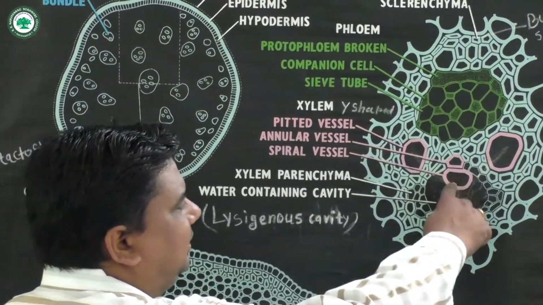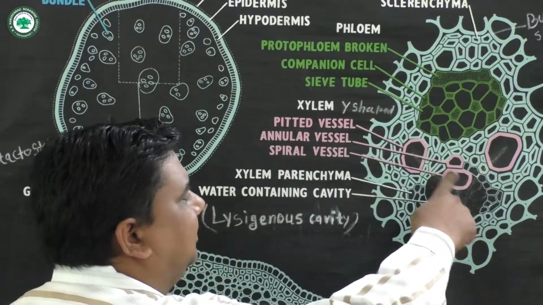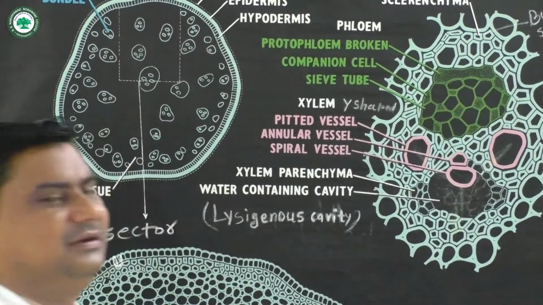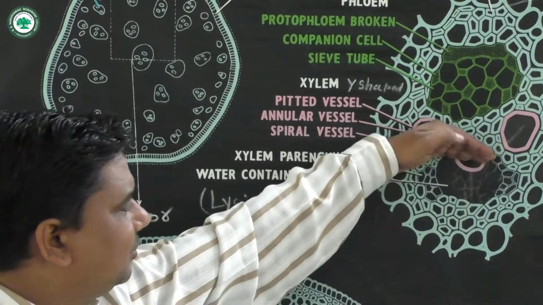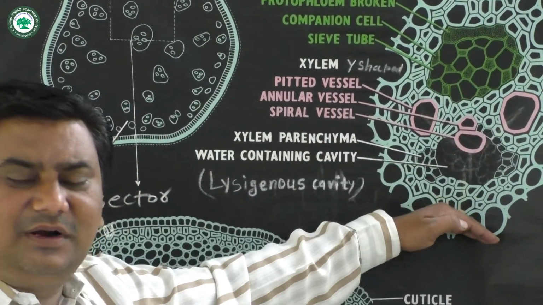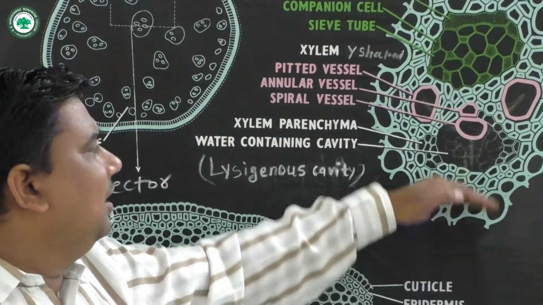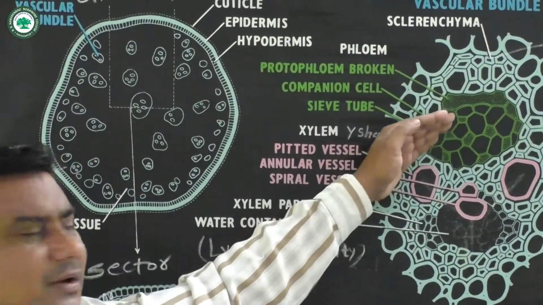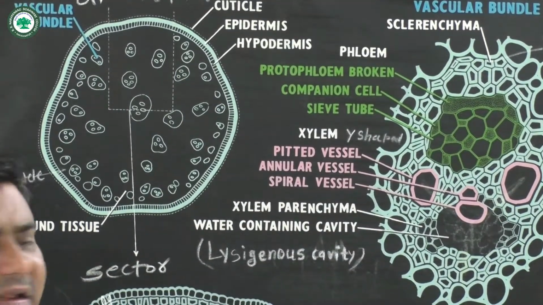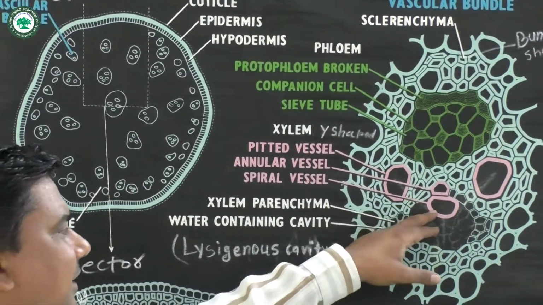Suppose here we draw the Y shape, then the xylem looks like a Y-shaped structure. So xylem is toward the center and phloem toward the periphery. That's why we call the vascular bundle the endarch type.